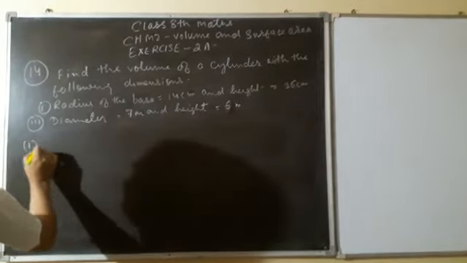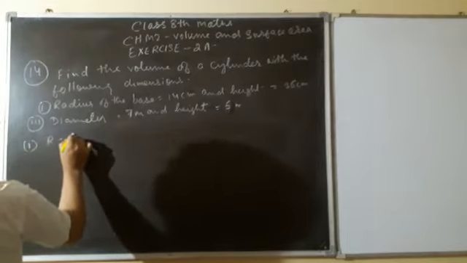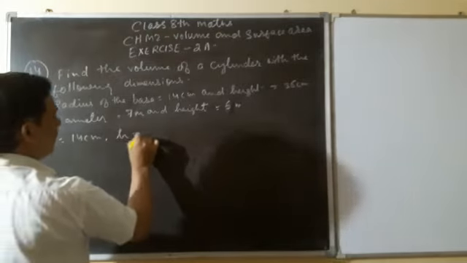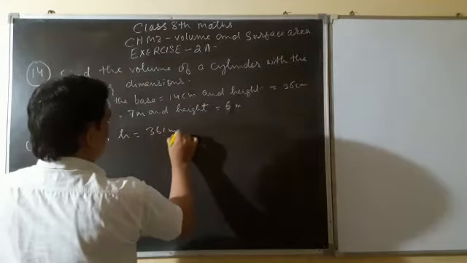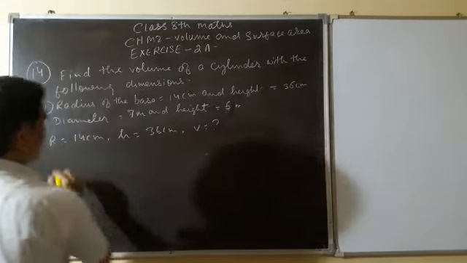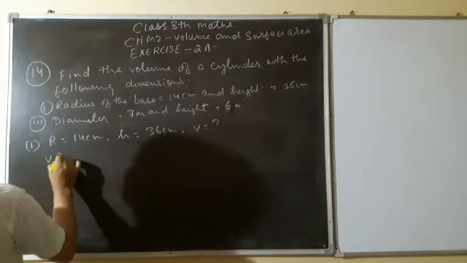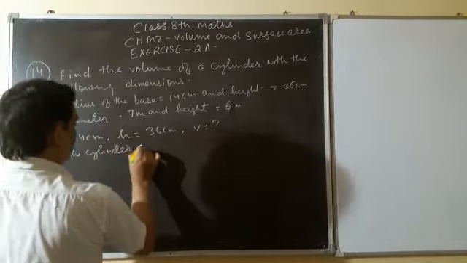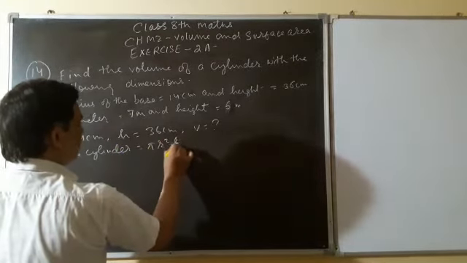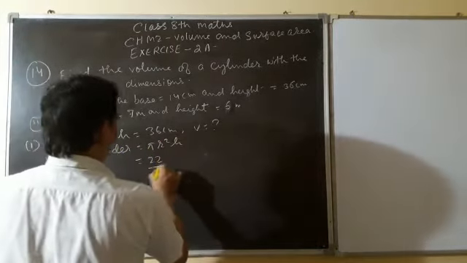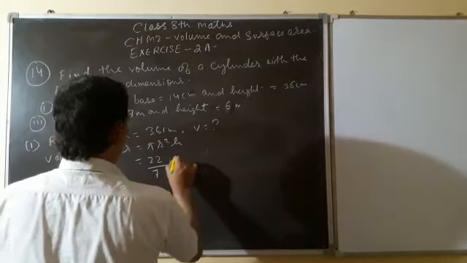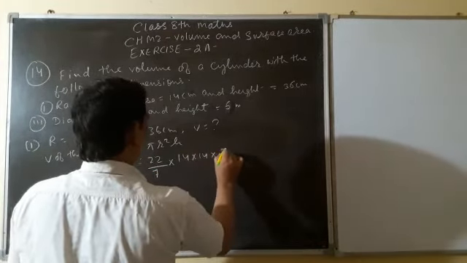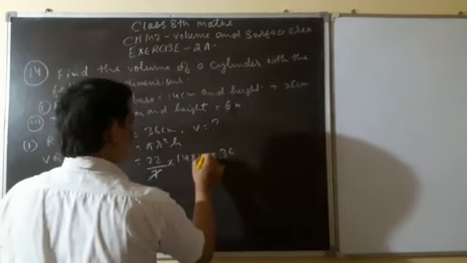So first part, let us see first part. Radius is given 14 centimeter and height is given 36 centimeter. Therefore volume is equal to what? As we know, volume of the cylinder is equal to pi r square h. So here in place of pi we'll write 22 by 7 into, in place of r we'll write 14 into 14 into height is 36 given.